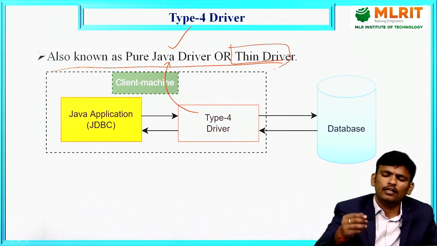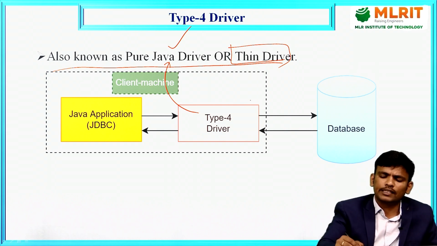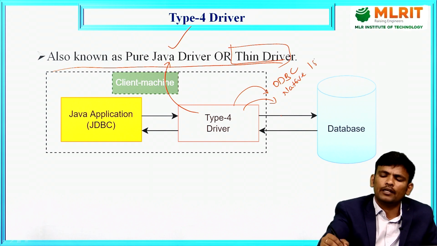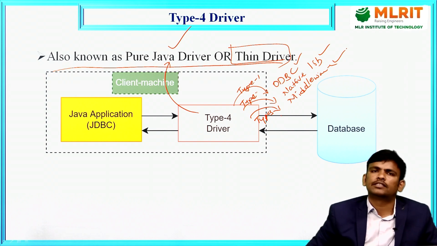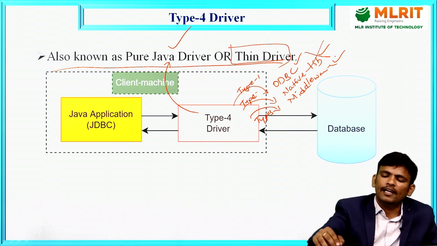Why? In the previous cases, in the type 1 driver we take support from ODBC, in the type 2 driver we take support from native libraries, and in the type 3 driver we use the middleware server. So type 1 takes support from ODBC, type 2 from native libraries, and type 3 uses the middleware server.